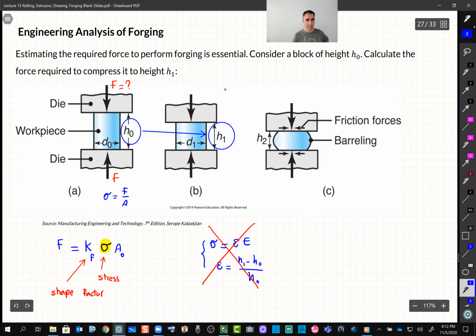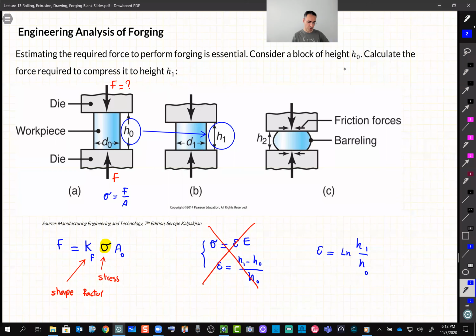And then later you need to use the formula, how much force you need to get from the middle one to C. So here, can we say epsilon is equal to logarithm of H1 divided by H0, right?